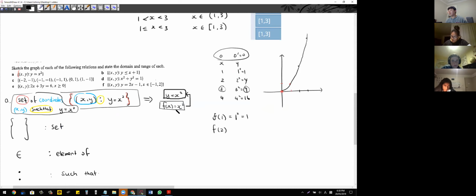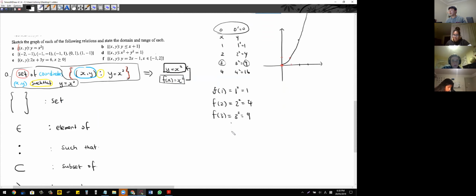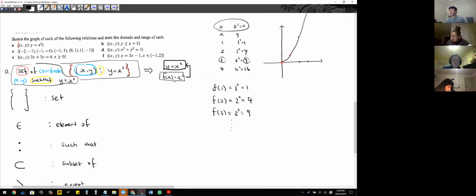F of 2, so when x is 2, you plug in 2 into the x squared, so it'll be 2 squared. F of 3 is equal to 3 squared, so that's equal to 9, etc., etc. So why do we sometimes write something like that as a function of x?